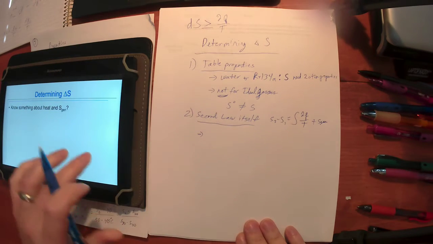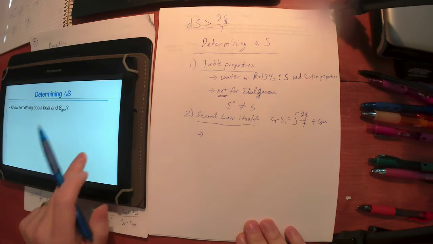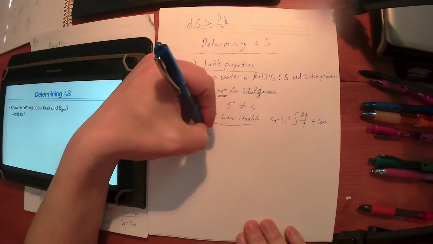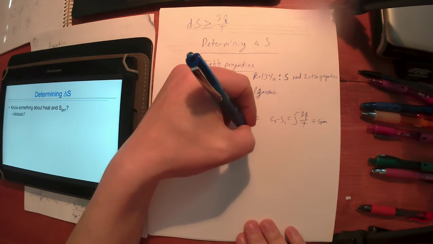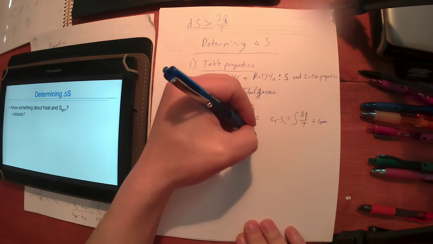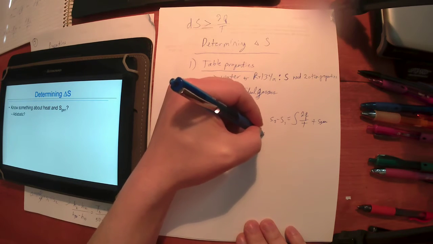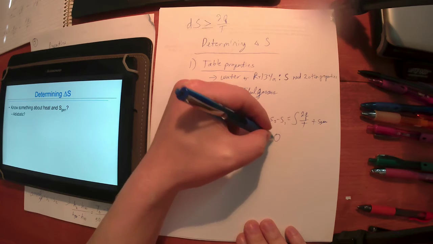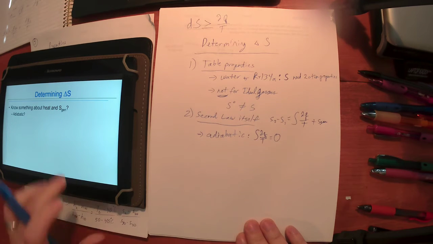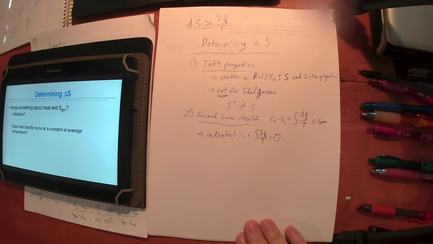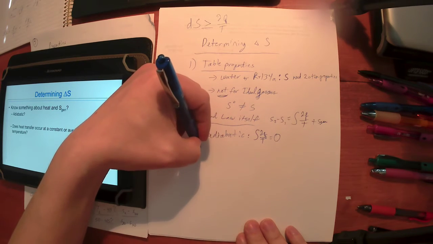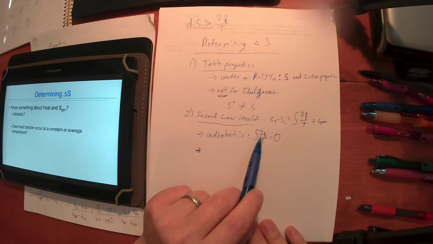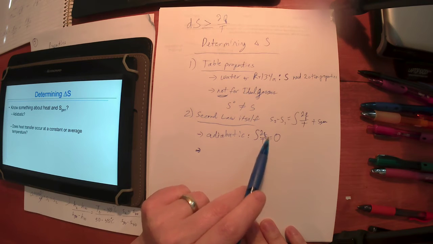Do you know something about the heat or the entropy generated? If it's adiabatic, so there's kind of three main possibilities we could have here, then this integral of δq over T just goes to 0. We saw that in the last problem. Now, if it's not adiabatic, the common thing we will see in this course, again, we're not going to integrate any partial differentials.